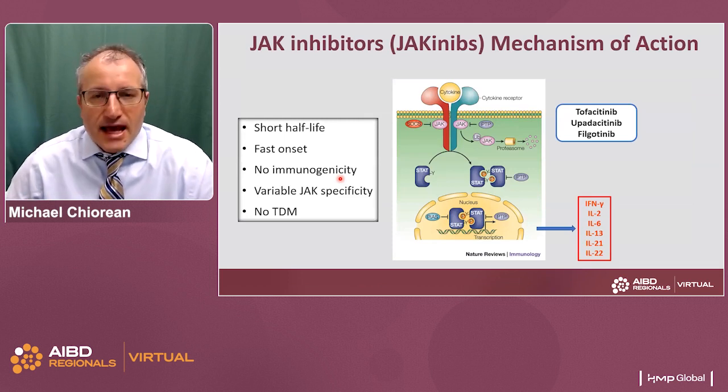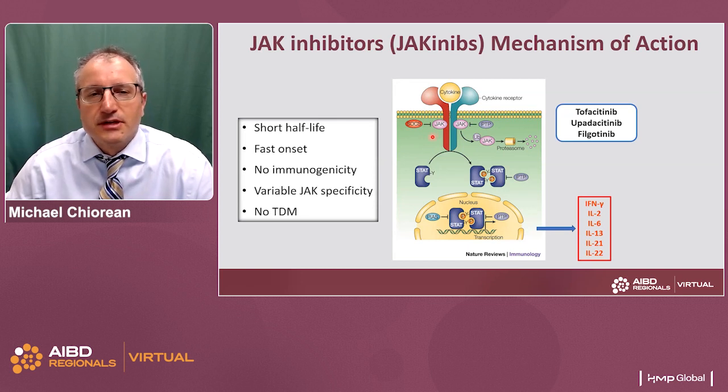The JAK STAT pathway, which is the target of JAK inhibitors, is a very important intracellular signaling pathway for the immune system. And as shown in this diagram, when a cytokine binds to the extracellular receptor, this leads to the dimerization of the receptor, activation of the JAKs or the Janus kinases, which work in pairs.